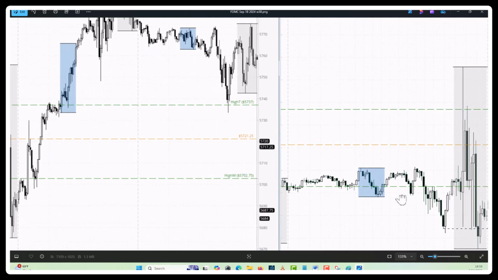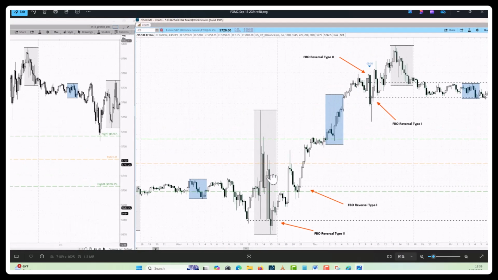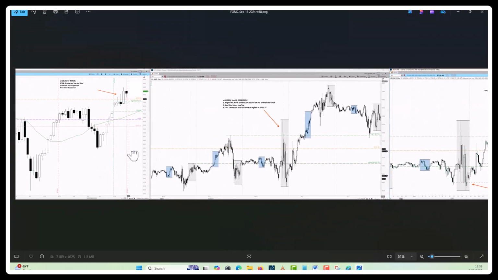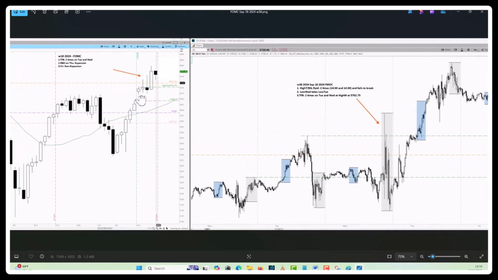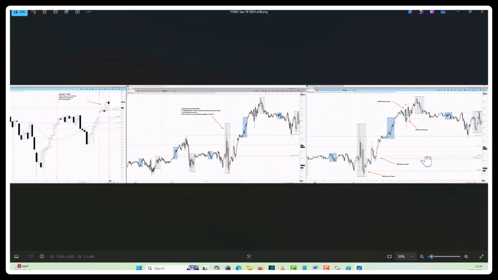At first you see that it tests from below right here, but if you catch this move, then you better get out. Auto reverse very quick, and then you reverse back. You see that it raids the low of Tuesday. That's it. It didn't raid the low of Monday.